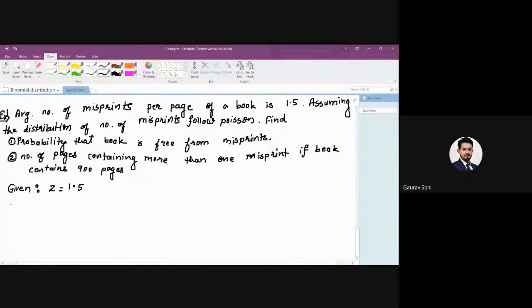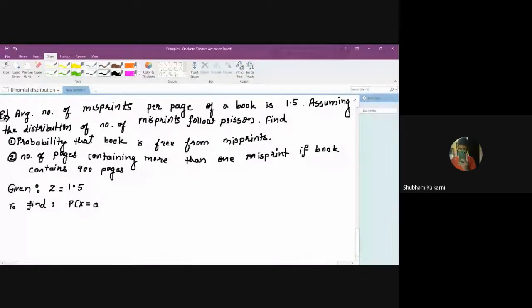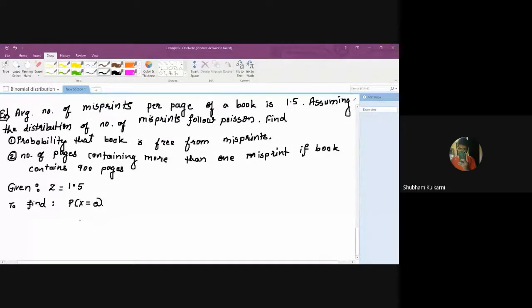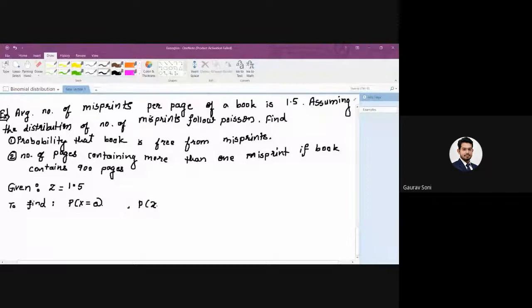What is to be found? In the first case, probability of x equal to 0. And the other one, the number of pages containing more than one misprint, so probability of x strictly greater than 1.